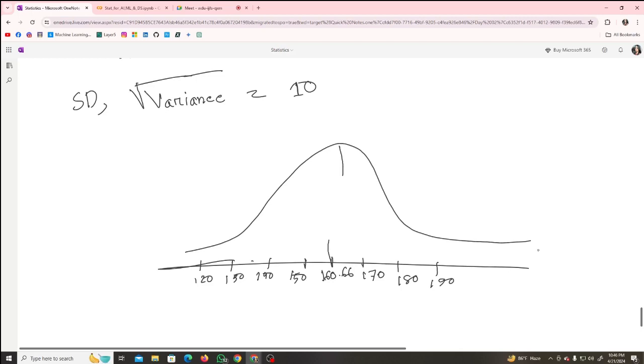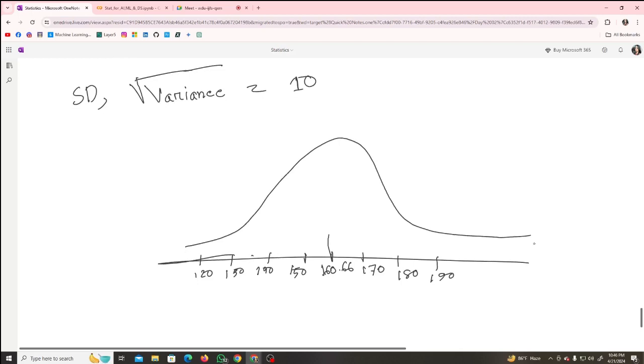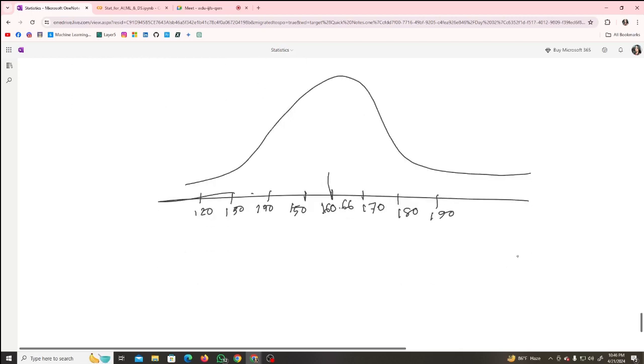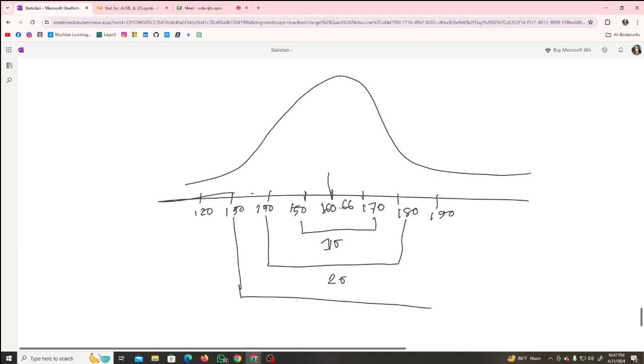This means one standard deviation. This means two standard deviations to the right, two standard deviations to the left, and then this means three standard deviations.